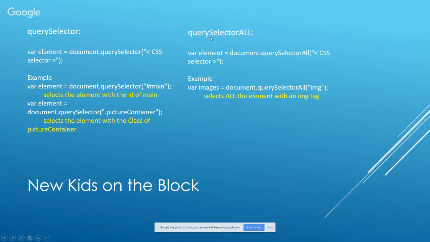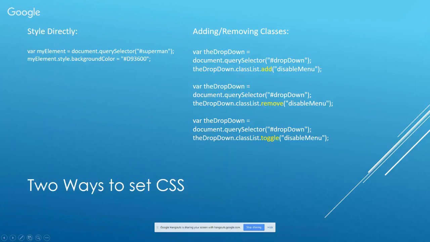The other option is to do a query selector all, and that's used if you're doing a generic tag, like here I have images. That'll select all of the images within the document and modify the tag that way. And so there's actually two ways that you can style the CSS.